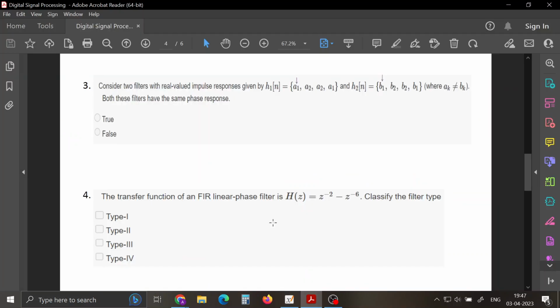And you see these coefficients a1, a2, b1, b2, they are real valued, right? It's already given. These coefficients are real values.